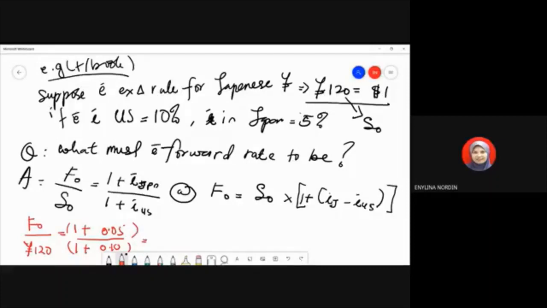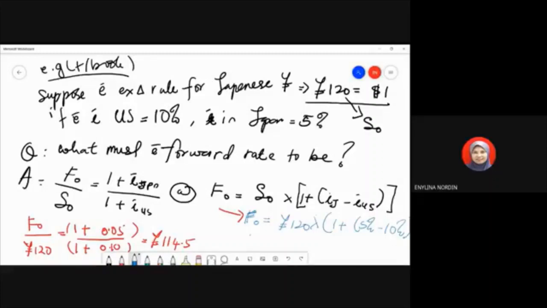So that means you will get 114.5 yen per dollar. If you use the other formula, F0 equals 120 yen multiplied by 1 plus 0.05 minus 0.10.